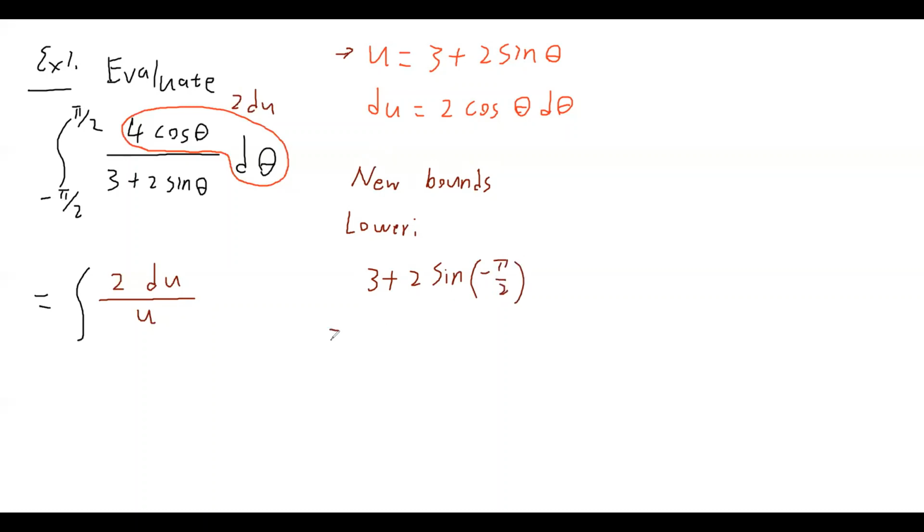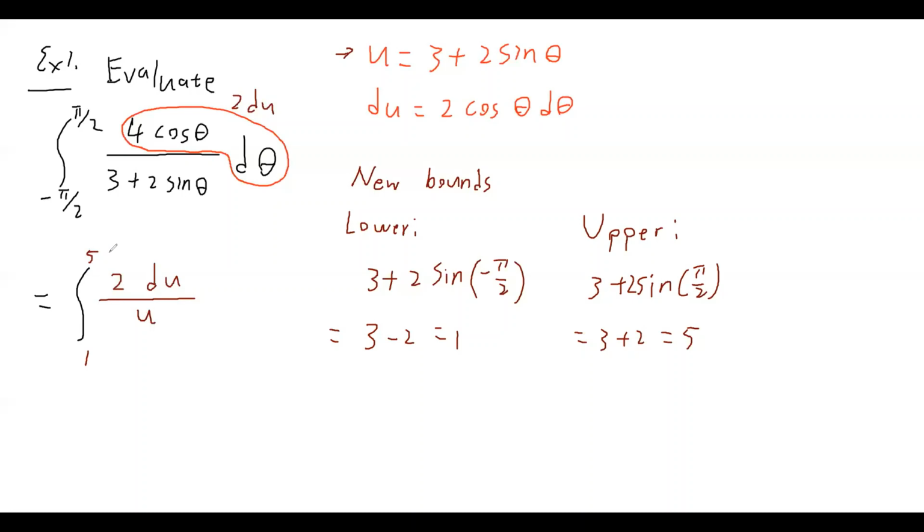Sine of negative pi over 2 is negative 1, so we have 3 minus 2, which is 1. All right, and upper is going to be 3 plus 2 sine pi over 2. And it's going to be 3 plus 2, which is 5. All right, so our new bounds are 1 to 5.